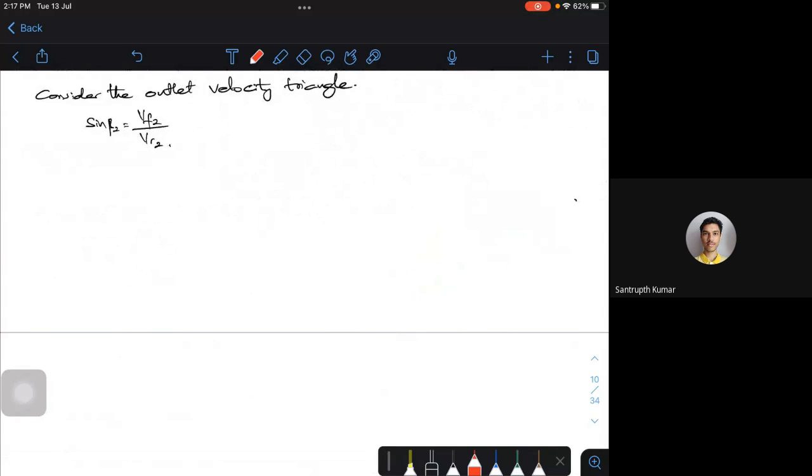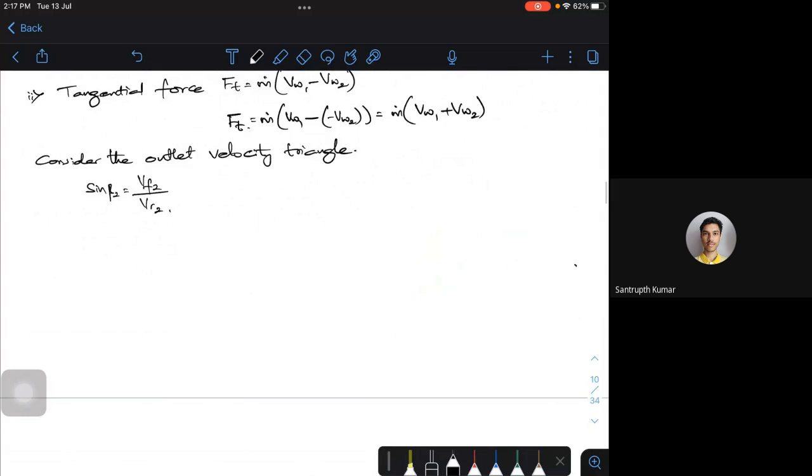So for this condition, let me put it. Sine beta 2 is equal to VF2 by V2, because VR2 is equal to V1 and alpha 1 is equal to beta 2 for R is equal to 0.5. I am writing this to the side so it will be easy for you to remember.